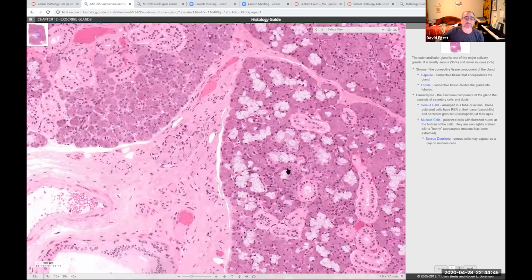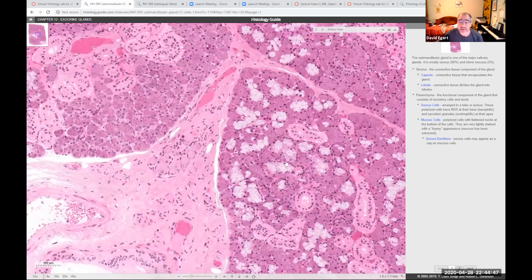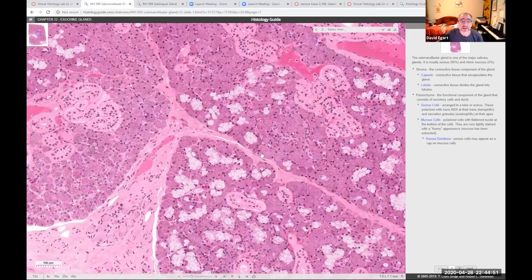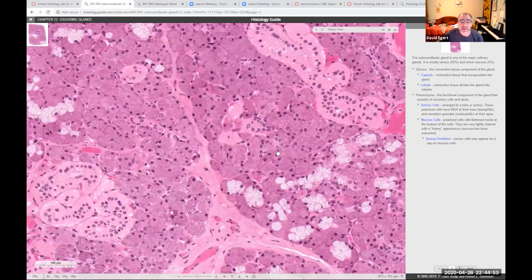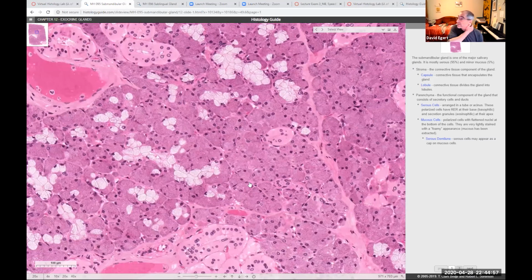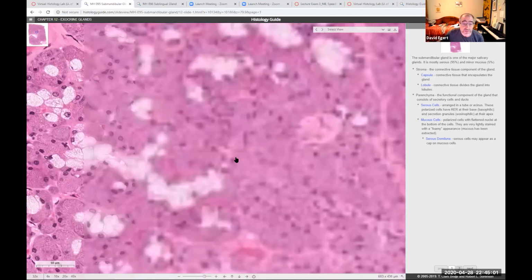In general, the slides on this site are great, but I actually have better slides of the submandibular gland, although you're not going to be able to zoom in, but I will show you some nice pictures of that I will upload onto the Canvas.